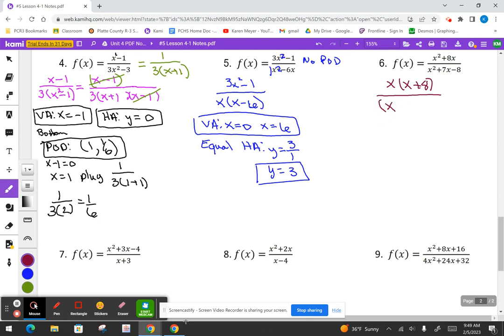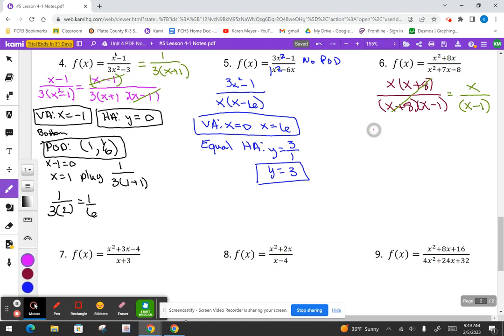So hopefully you're going to do x plus 8, x minus 1. And once again, you're going to look at this one and say, oh, I do notice now something cancels out. So I'm left with, x plus 8 canceled out. So I'm left with x over x minus 1. So this one will have a POD because something canceled out.